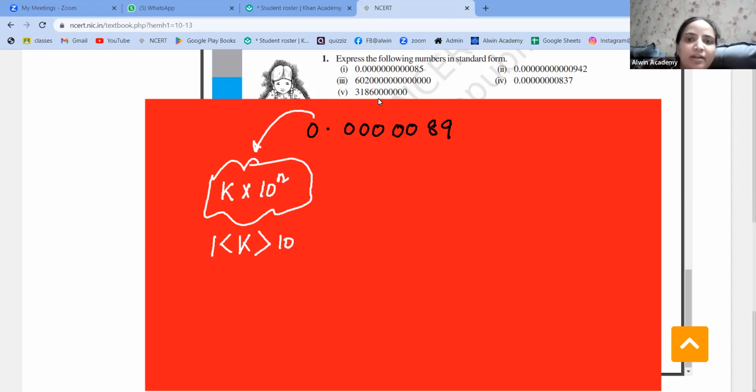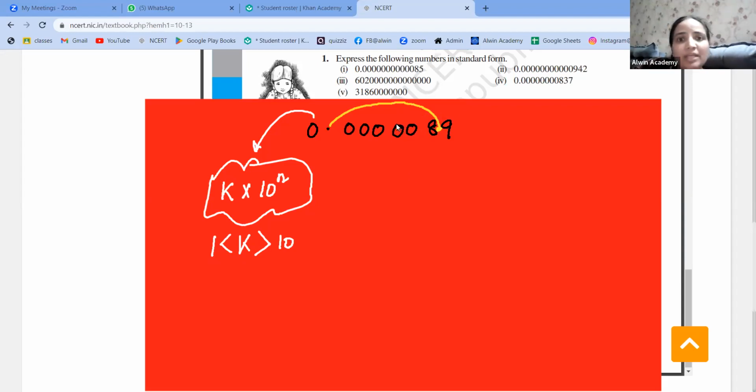If I transfer this point here, this is still 0.89, which is again smaller than 1. So my k cannot be this, no? That's not even the standard form. If I make this decimal point move here, then my k is 8.9, and that is the correct value for k. K can be 8.9 because it is greater than 1 and it is less than 10 as well, right?